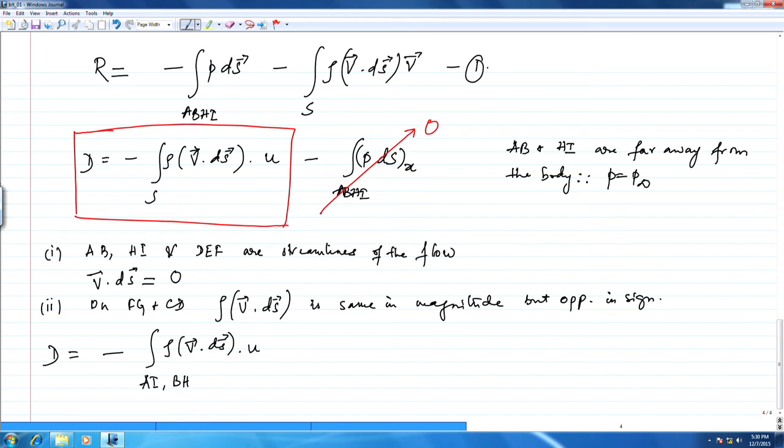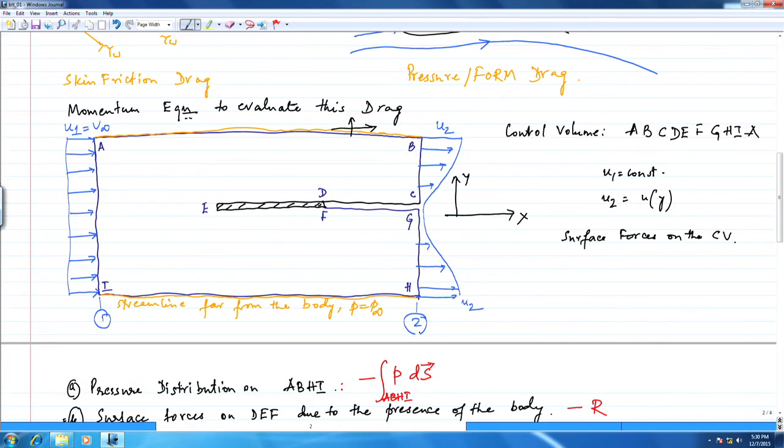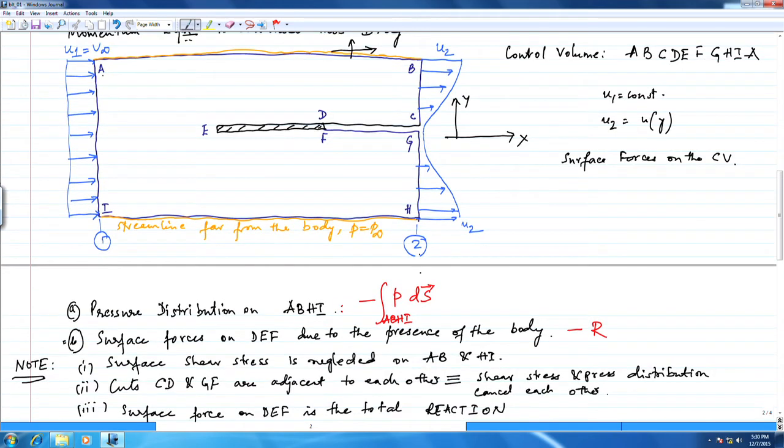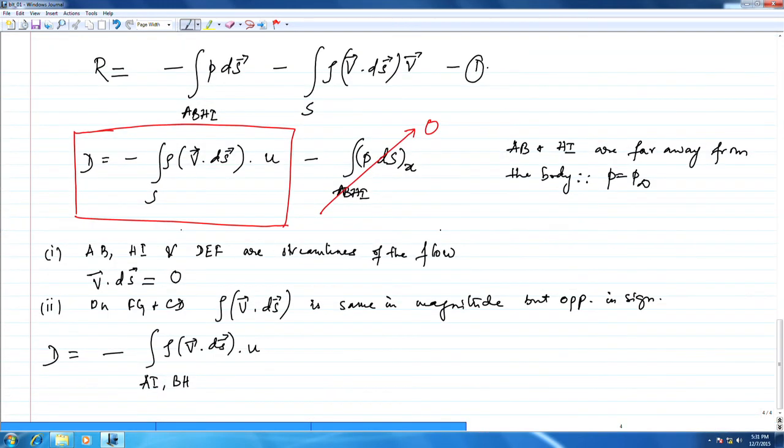That is what we are left with. AI, if we go back to here, is the inlet, and BH is the exit. So if I do that, then what I come up with is here minus rho.